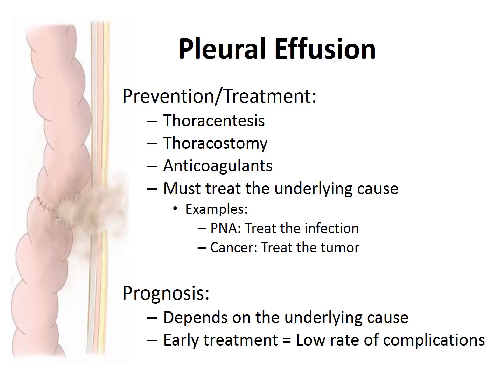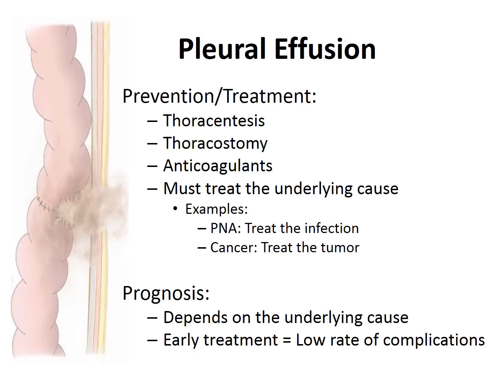We move further along, noting the prevention and treatment. In order to prevent pleural effusion, we must prevent all of those underlying causes. So, we look further to the treatment. The first treatment listed here is thoracentesis. This is taking a needle and removing the fluid.